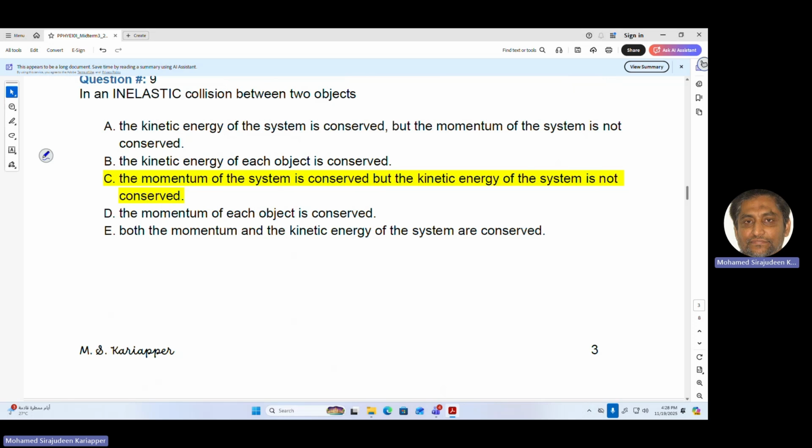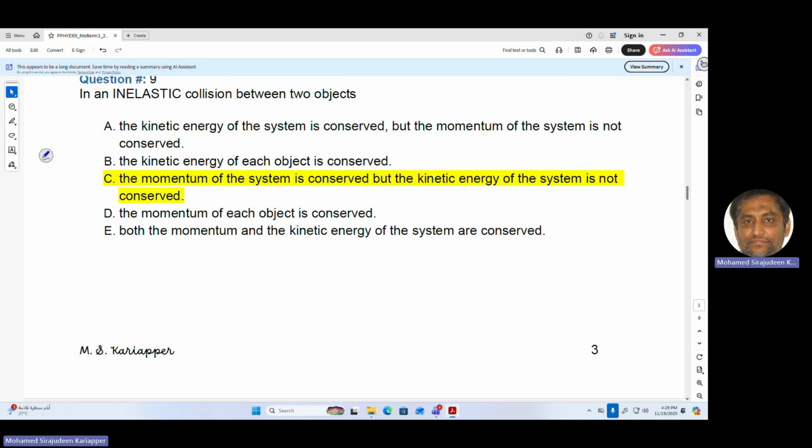Collision is either elastic or inelastic. Even if a little bit of energy is lost, it is not elastic. It is inelastic. But what happens? People just say, okay, only a little is lost, so let me consider it as elastic. They do that. That's why somebody has to say perfectly elastic, or 100% elastic.